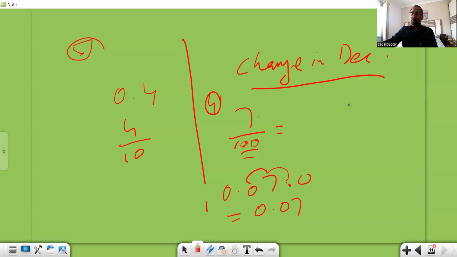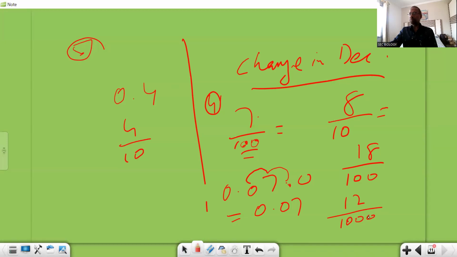Tell me, what is 8 by 10? What is 18 by 100? What is 12 by 1000? It is easy: 0.8, and here 0.18. Here be careful.